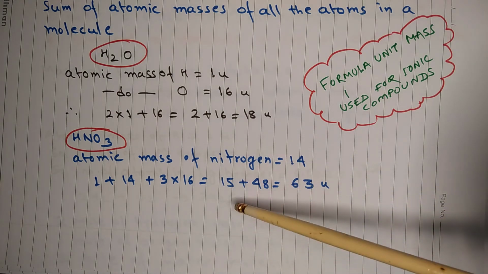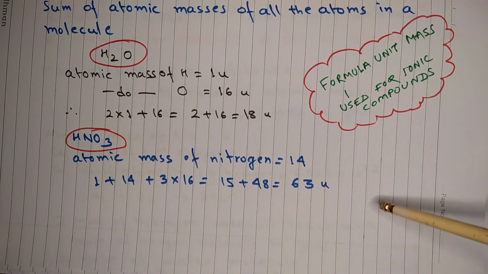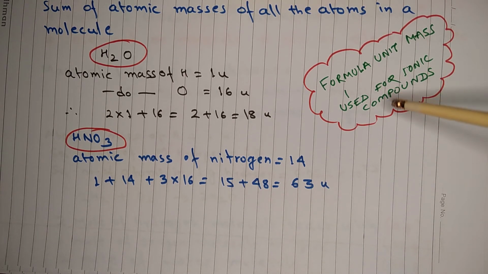So it is equal to 15 plus 48 is equal to 63 U. Apart from molecular mass, you will also read about formula unit mass. This is same as molecular mass. The only difference is that formula unit mass is used for representing ionic compounds, and for non-ionic compounds we use molecular mass.